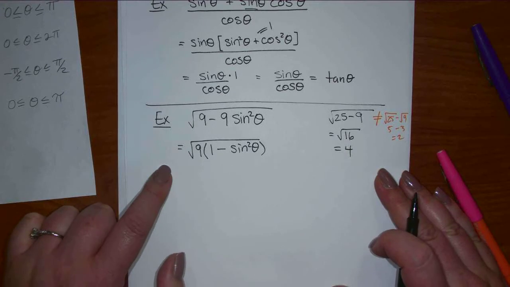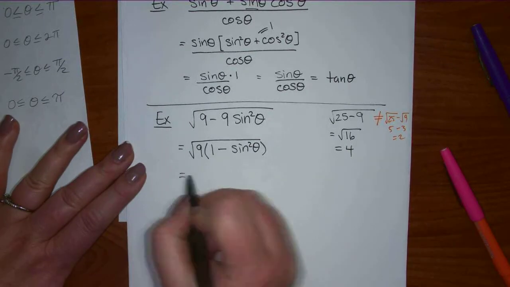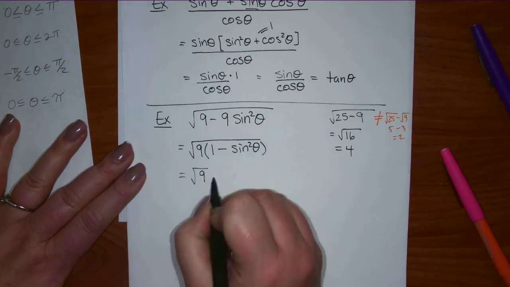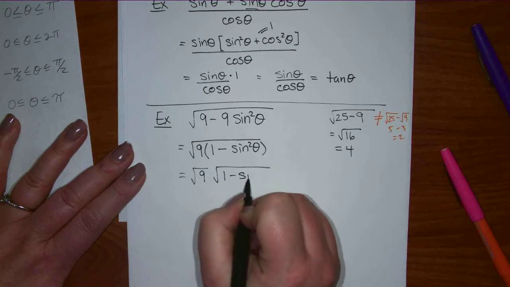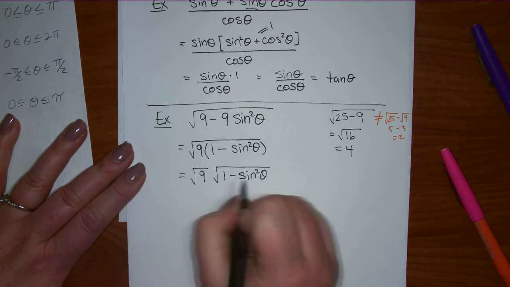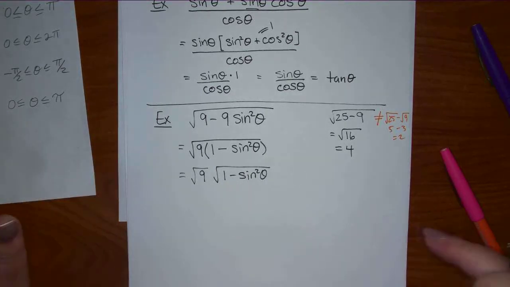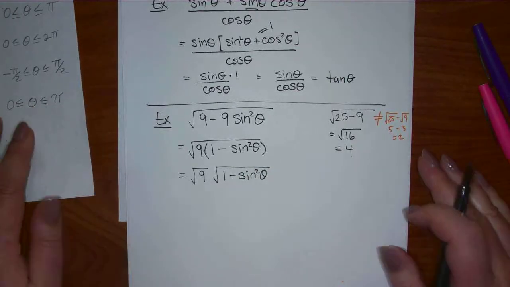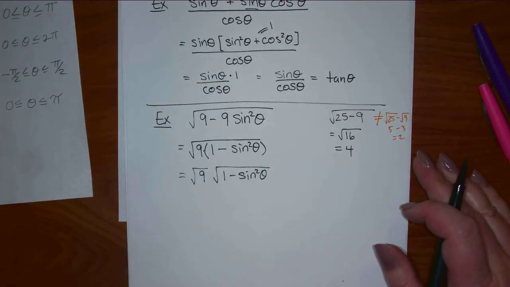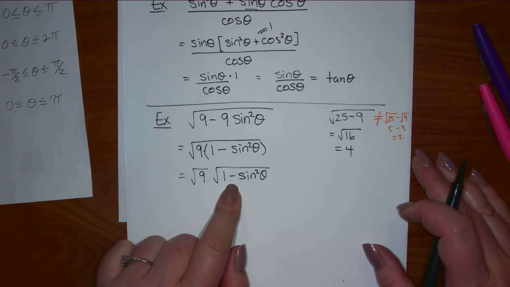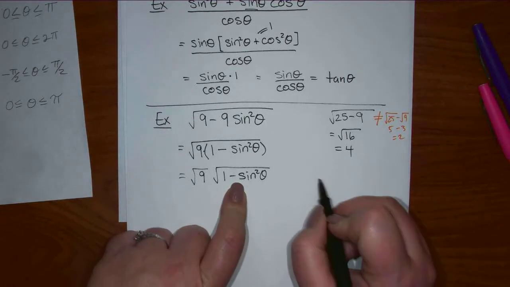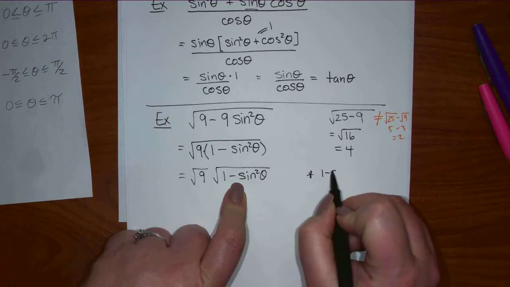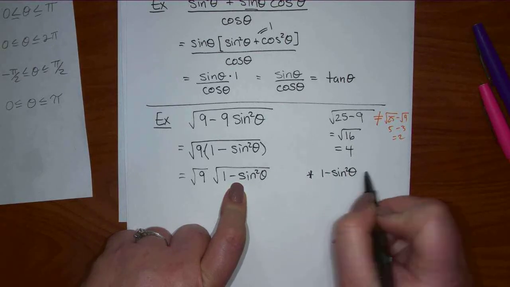What do we have multiplied? 9, and then we could do 1 minus sine squared separate. But we still can't separate this one because of this minus sign in it, but this would be 9 times that. So we could do that. What's the square root of 9? 3. Now, this is an identity. 1 minus sine squared is one of the identities rearranged.